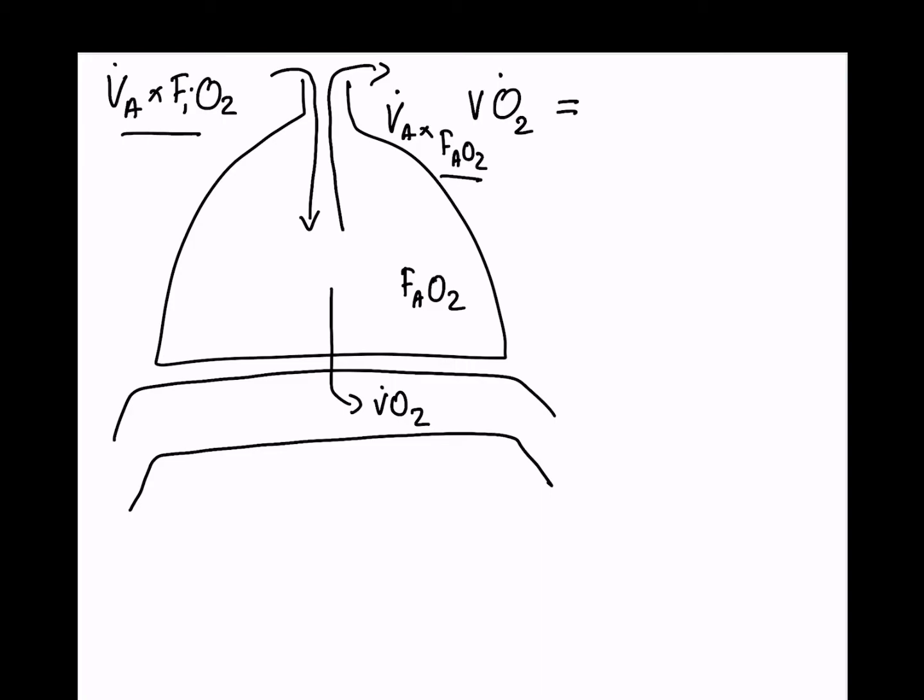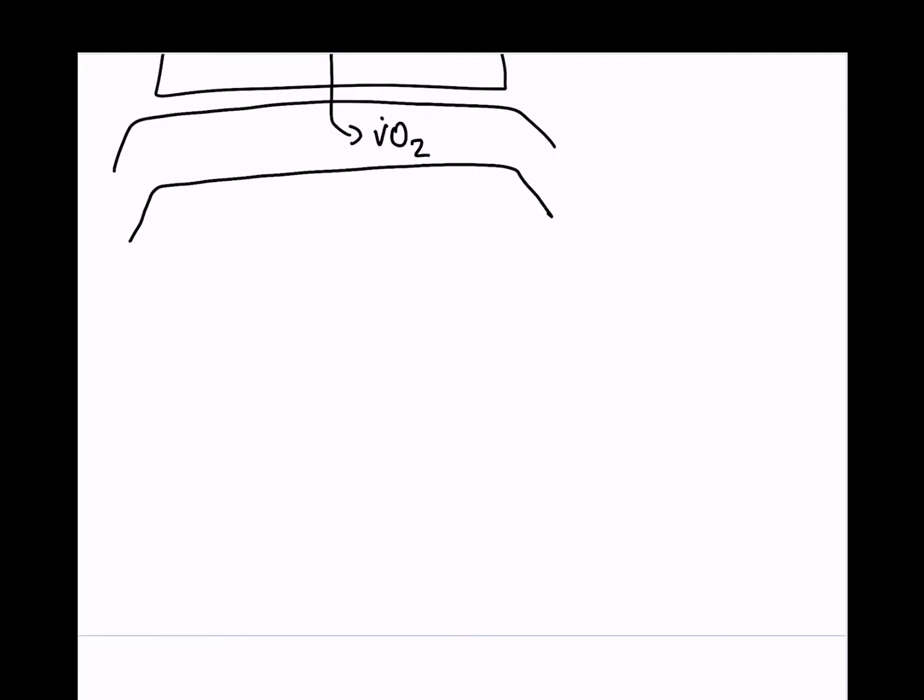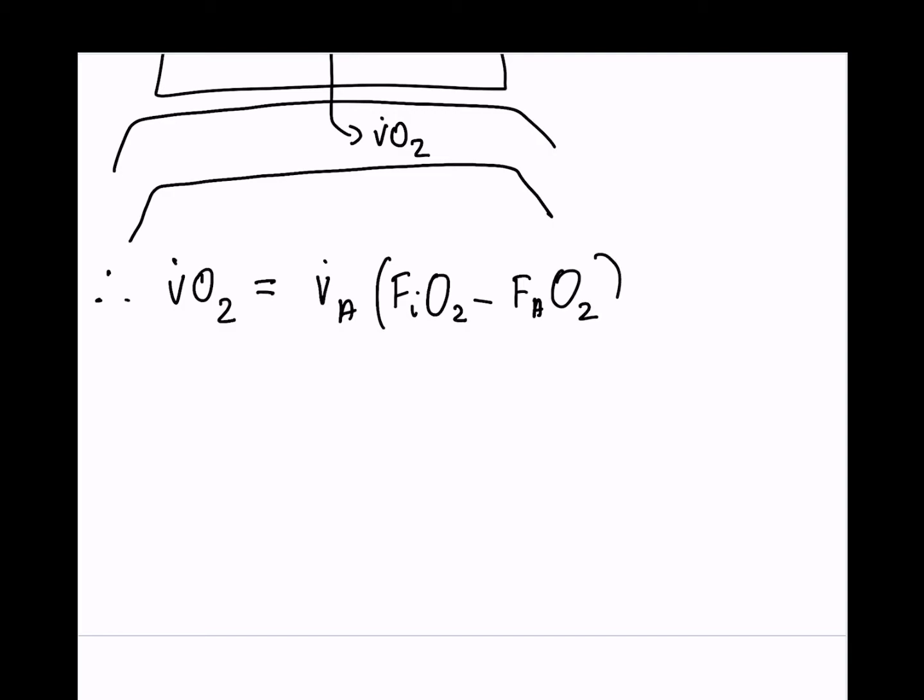So we get V dot O2 equals V dot A FiO2 minus V dot A FaO2. Now if I take this over here and we simplify that, then we know that oxygen consumption equals V dot A, the fraction of gas that's inspired, that's oxygen, minus the fraction of gas within the alveoli that is oxygen, FaO2.